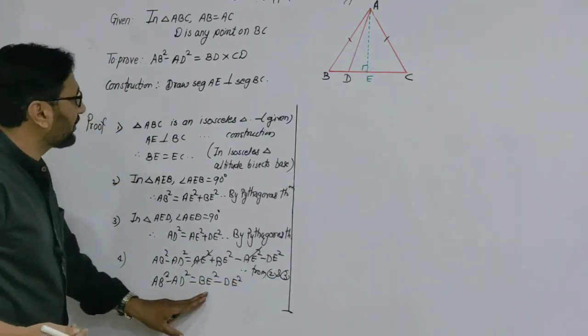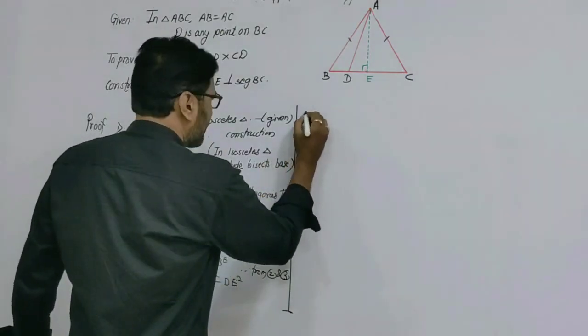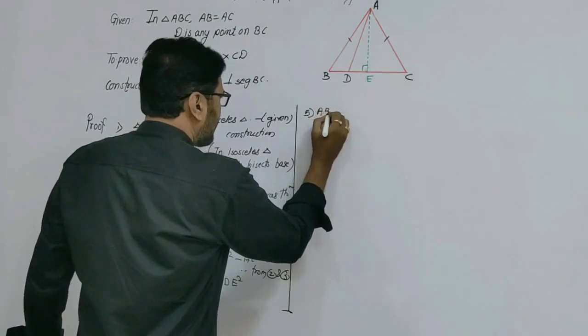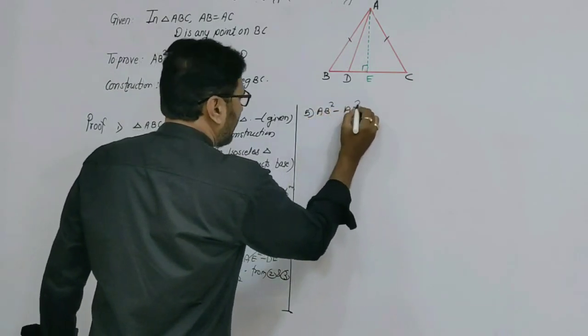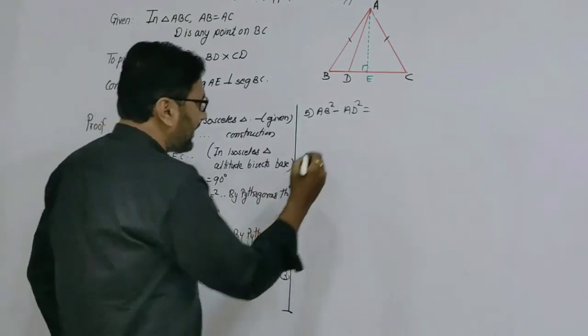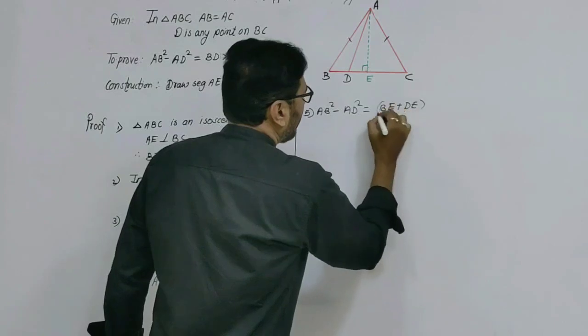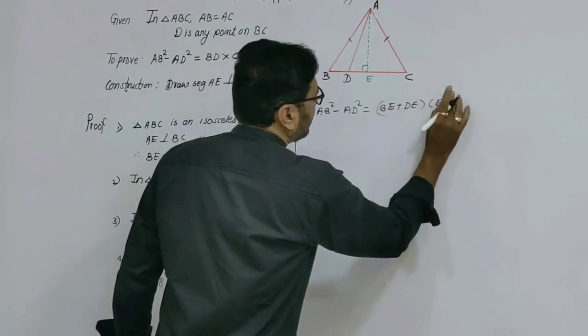But still we are not getting the RHS. So AB square minus AD square equal to, instead of BE square minus DE square, I will write BE plus DE and BE minus DE.